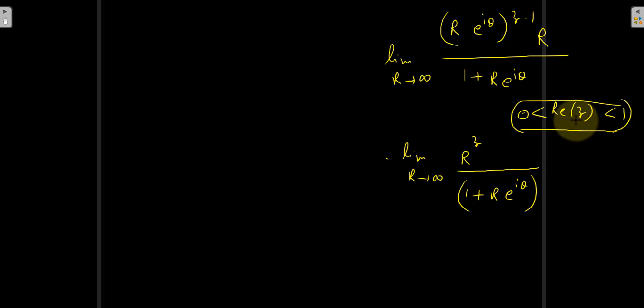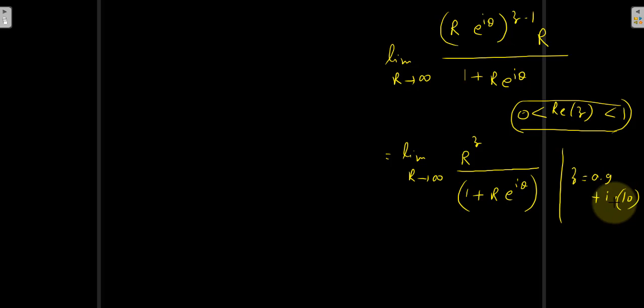Since the real part of z is less than 1, and it is greater than 0 also, for example let us take z as 0.9 plus i times anything, say i times 10.